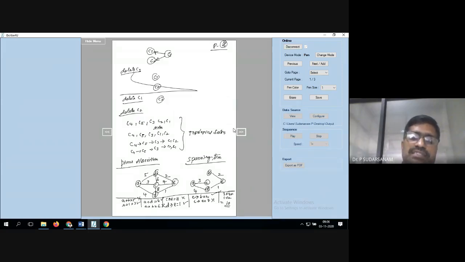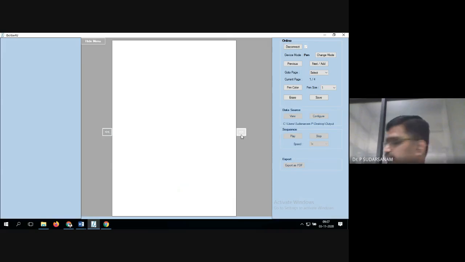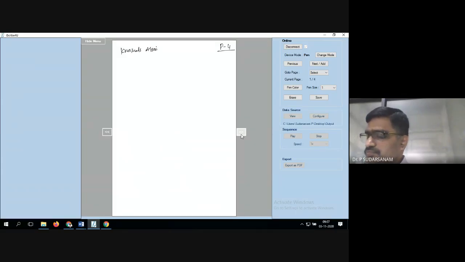Right. The next one is the same diagram. I will be writing Kruskal's also. Kruskal's algorithm.